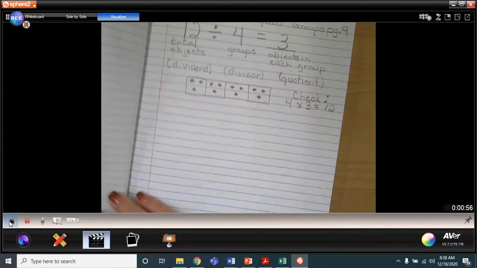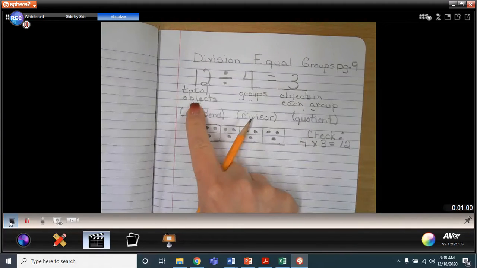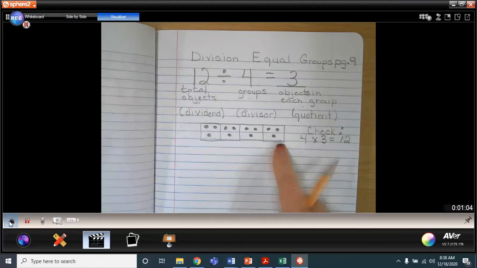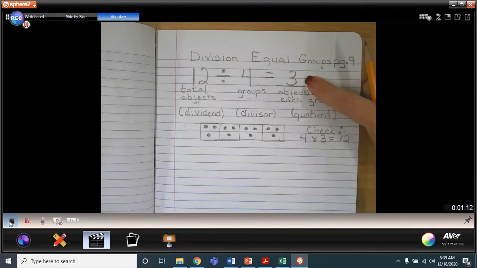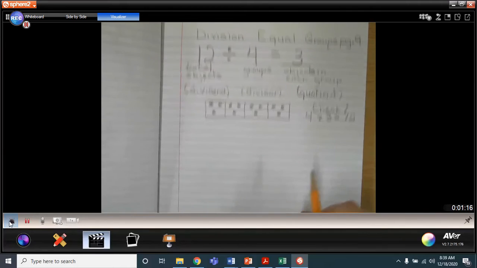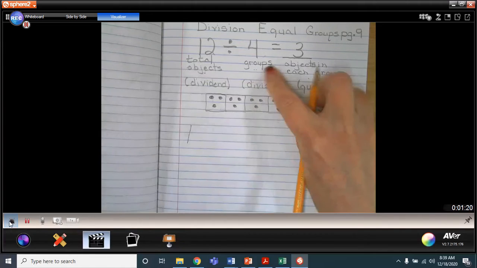They're almost glued together. Okay, so yesterday we talked about taking the total objects, putting the groups, and then putting an object into each group until we run out of objects, which would be 12, and finding how many objects are in each group. Today, we're going to do the opposite here.